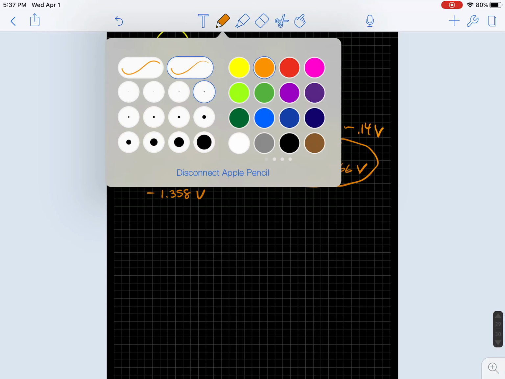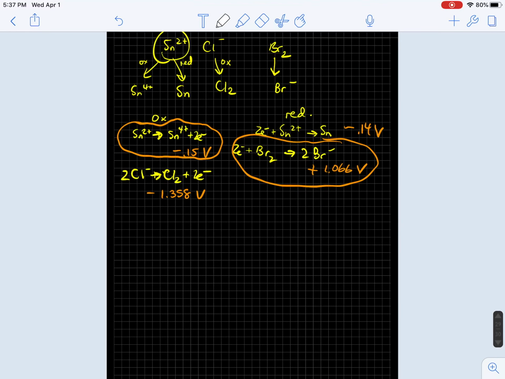So when we write the reaction, all right, so we start with tin chloride, and we're going to react that with bromine, and that's going to create tin 4+ and 2 bromides.